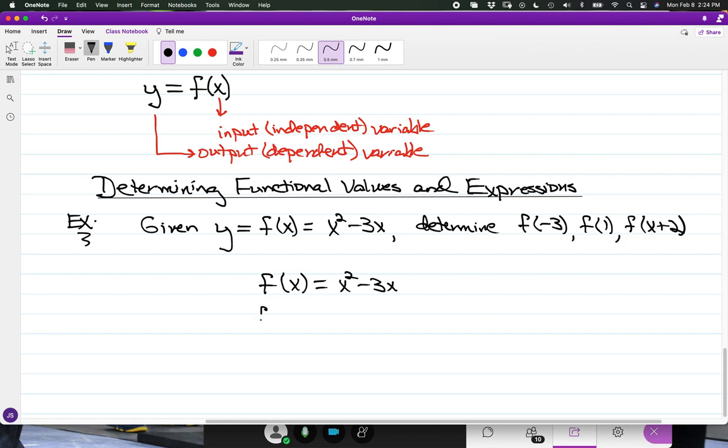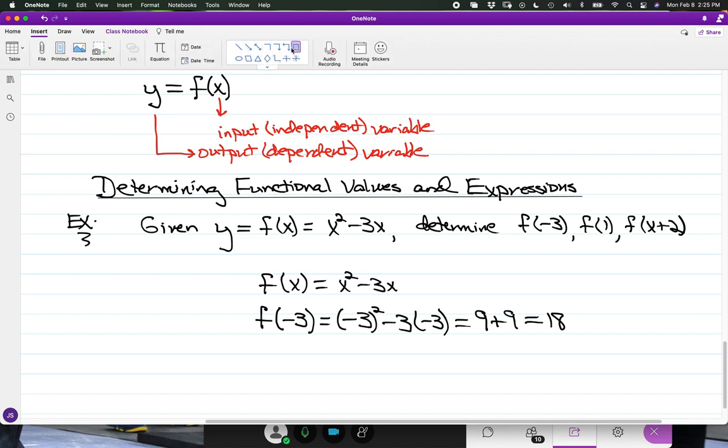Now with f of negative 3, if I change the general input x to the specific value of negative 3, the output upon using the input of negative 3 is going to be the square of negative 3 minus 3 times negative 3. And the square of negative 3 is going to be 9. Negative 3 times negative 3 is going to be another positive 9. And 9 plus 9 comes out to 18.